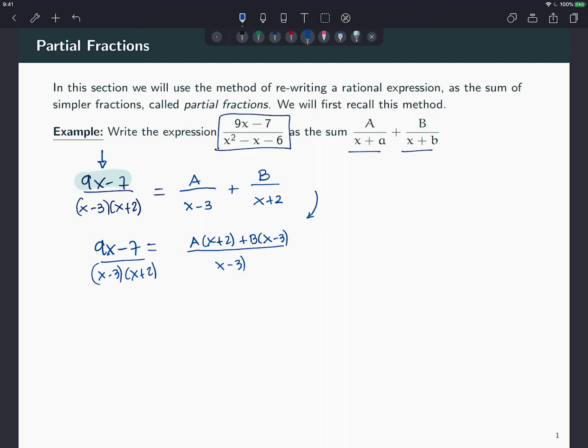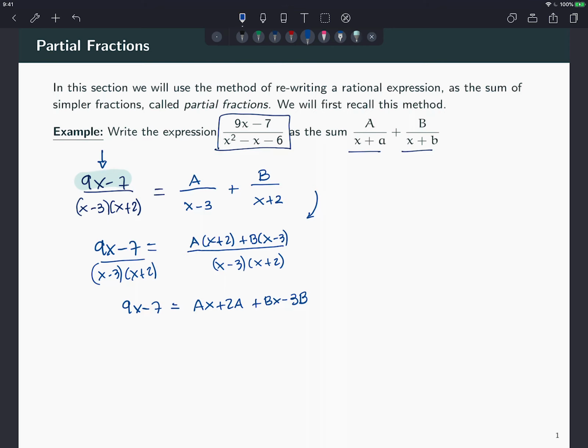That way, I would have the combined denominator of the product x minus 3 times x plus 2. Since these two expressions have the same denominator, and assuming we're at a value where this is not 0, I can just ignore them and say what I really need is the top to be this. So now we expand this, and I get bx minus 3b.